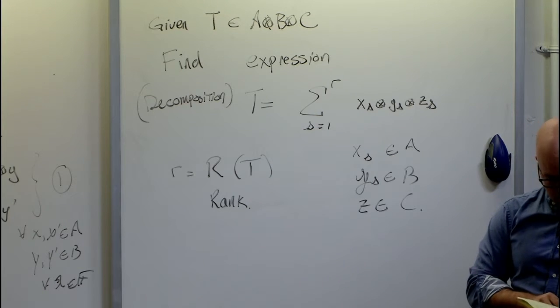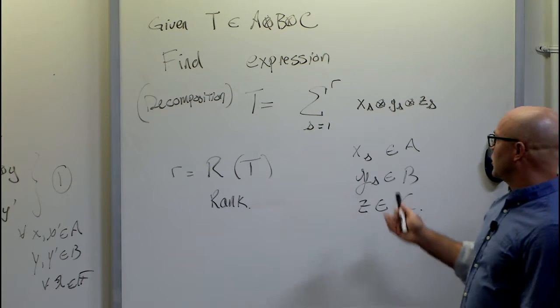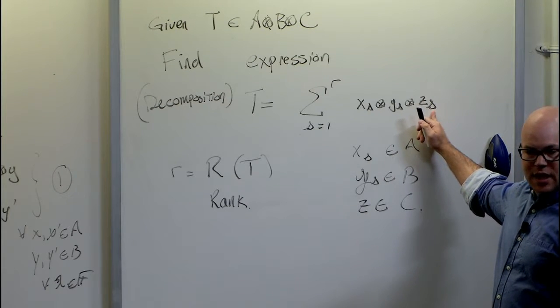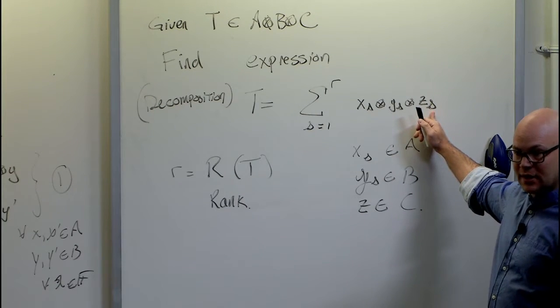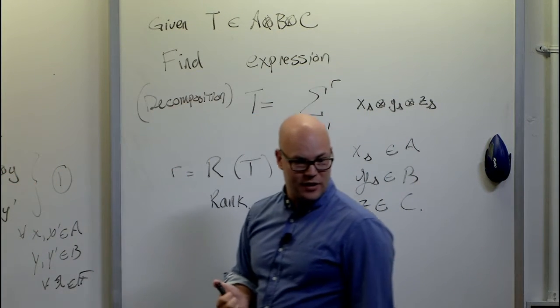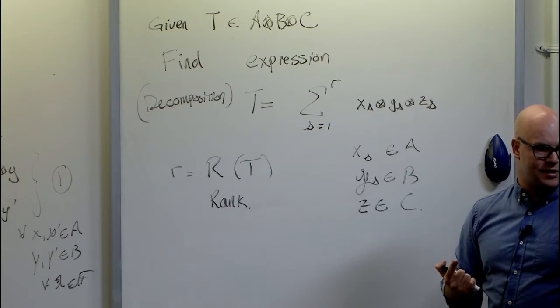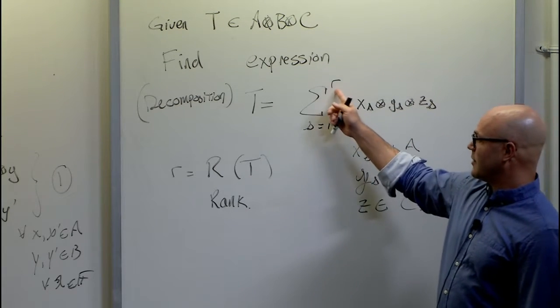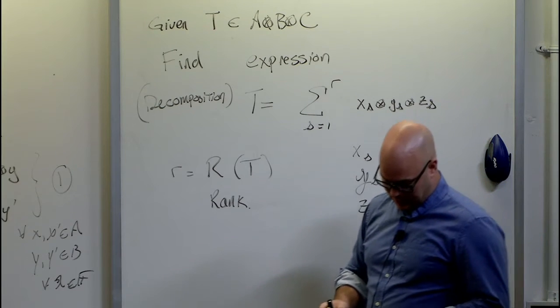Okay, so in this decomposition, we're looking for vectors x, y, and z, such that when we take their tensor product, write out that expression in bases, add up all of the expressions, we get a single tensor. And we want to recover these individual summands. We want to find the rank R, and so on.